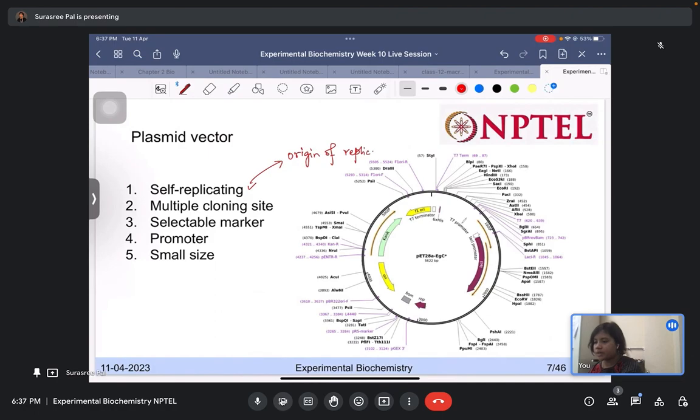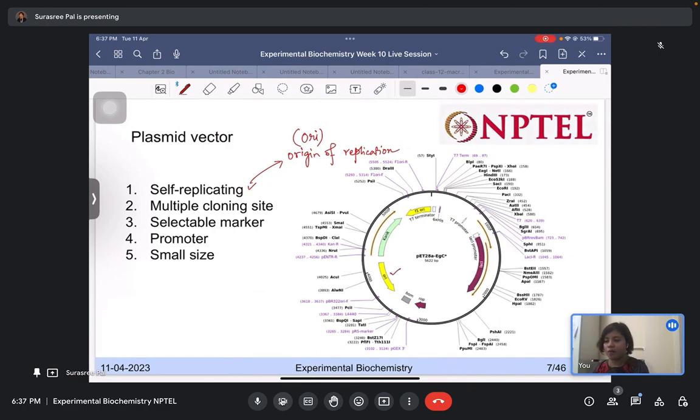The plasmid vector is known to have a sequence which is called origin of replication. So what is origin of replication, or the ORI sequence? It is the sequence where replication of this plasmid vector can begin.